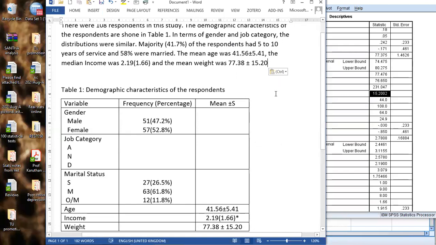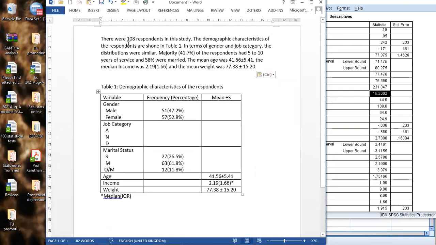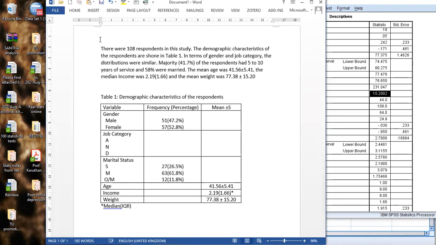Okay, that's all. So Table 1: demographic characteristics. Just explain the major differences.